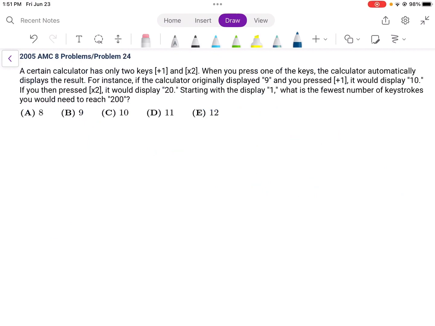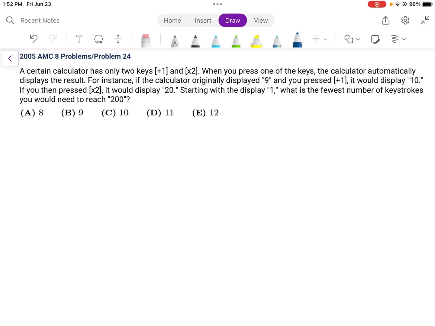In problem 24, the calculator has only 2 keys, +1 and multiply 2. In order to get the fewest number of keystrokes to get an answer of 200, we need to use the multiplication as many as we can, because 200 is divisible by 2.